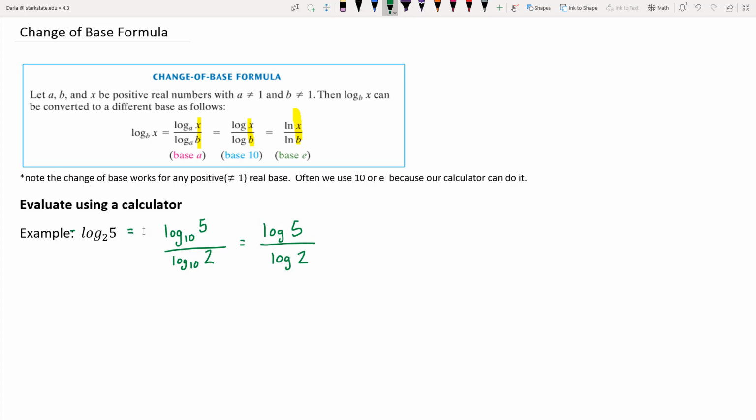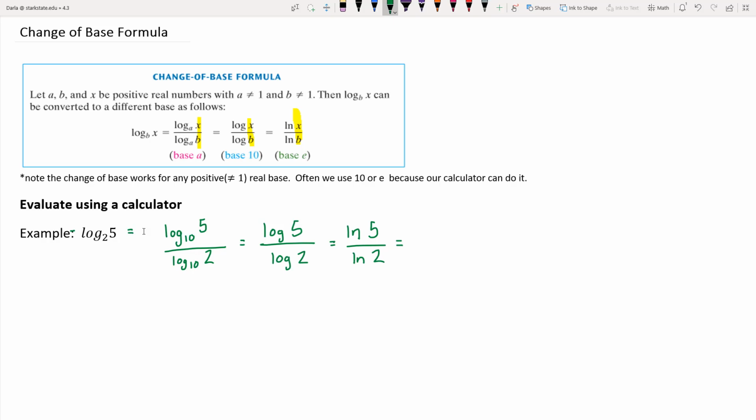Similarly, had I done the natural log, so base e, so instead of base 10 of 5, over the natural log of 2, the result would be the same. And I could go on, so I don't even have to use base 2 or base 10 or base e.